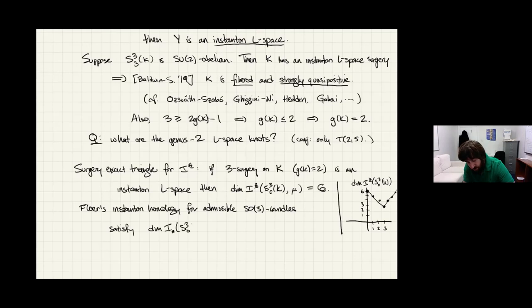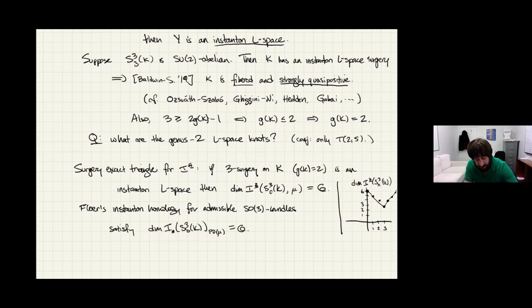That when you take 0 surgery on K and equip it with a non-trivial bundle whose second Stiefel-Whitney class is dual to the meridian, this is also 6-dimensional. There's a so-called Fukaya's connected sum theorem that lets you relate the two. But the point is that this is actually reasonably well understood.